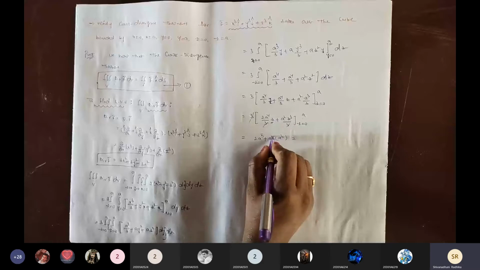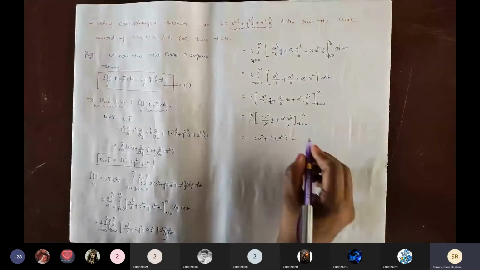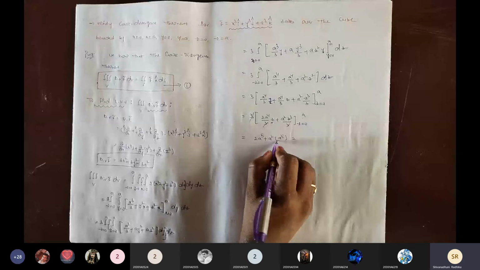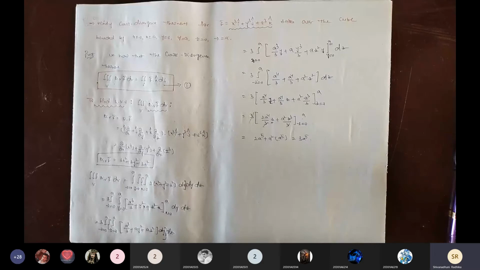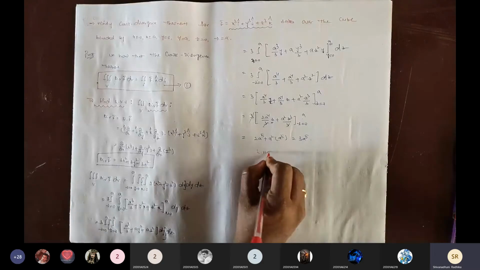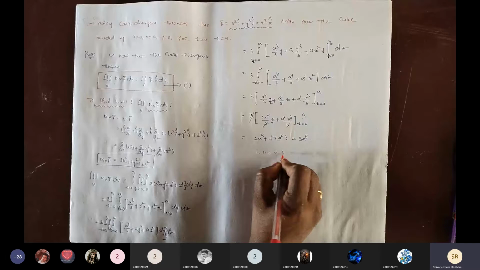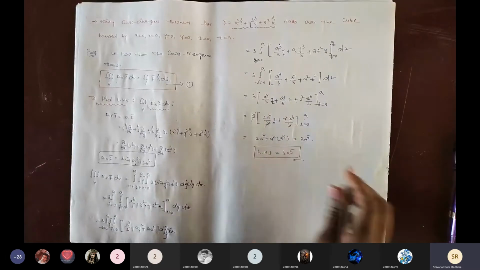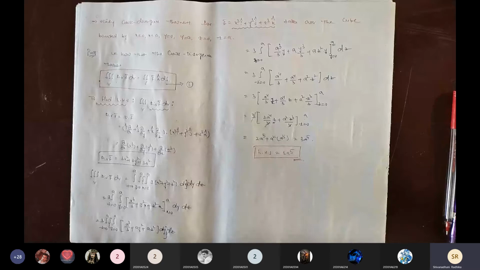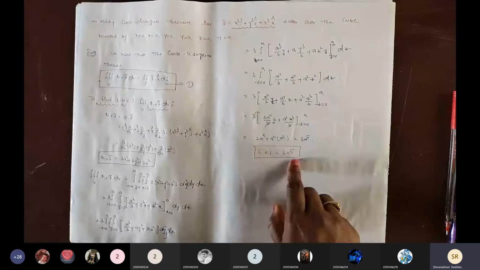So a power 2 into a cube is a power 5. 2a power 5 plus a power 5, that is 3 into a power 5. So what is the LHS answer here? LHS equals 3a power 5. I am getting here. See, this is the LHS answer: 3 into a power 5.